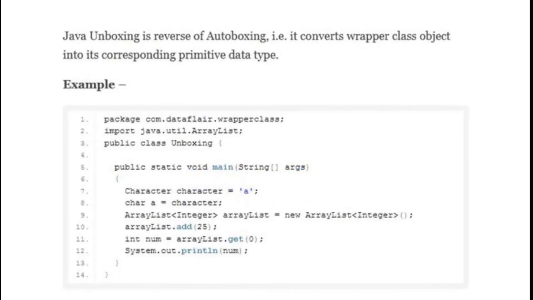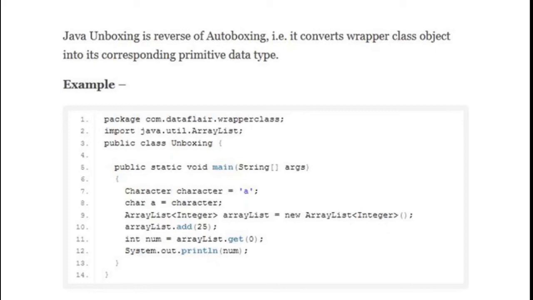As you can see, we are making a Character, that is, this Character is a reference data type, a wrapper class of char, and small a is initialized to it. Now, this small a character literal is by default a small char. This small char, that is a primitive data type, is assigned to a reference data type.